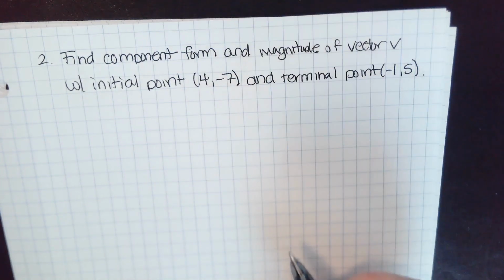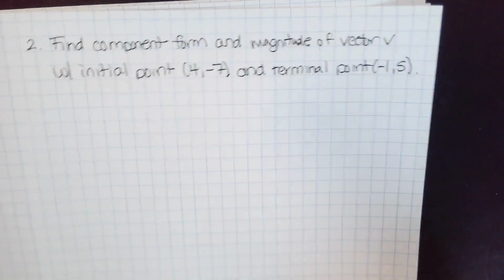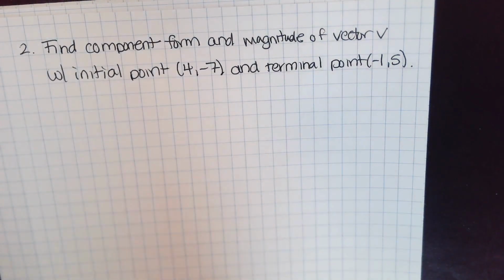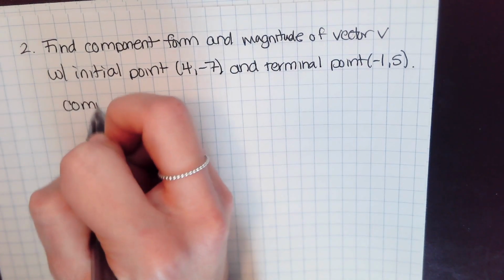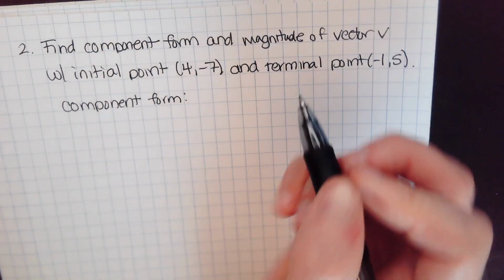Again, if you need to, put it in simplest radical form. I'd like you to pause the video here, do exactly what we did in number 1, find your component form and your magnitude. Go ahead and do that right now, and then check back here.